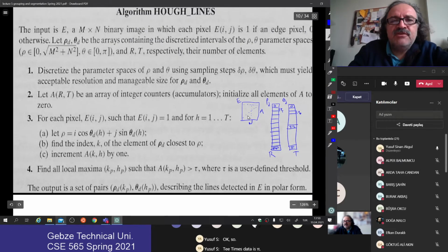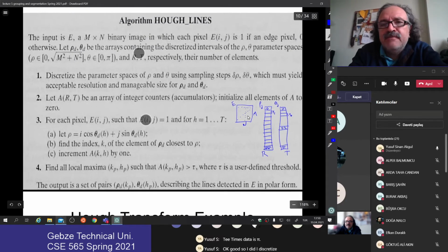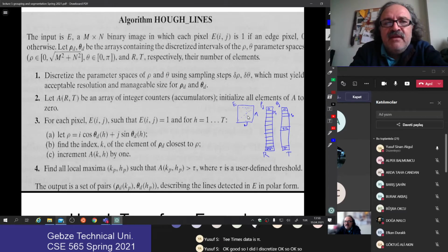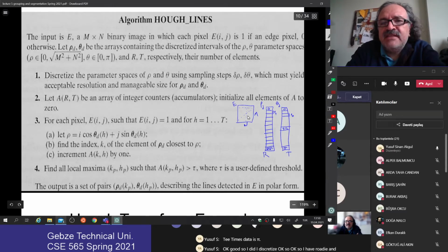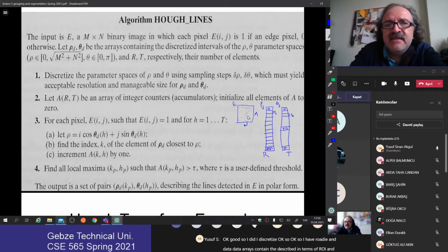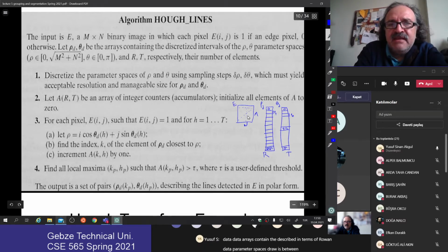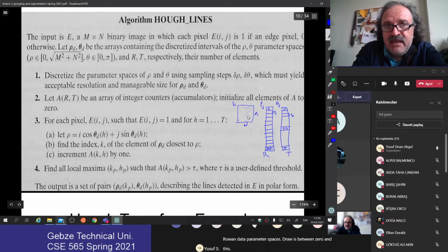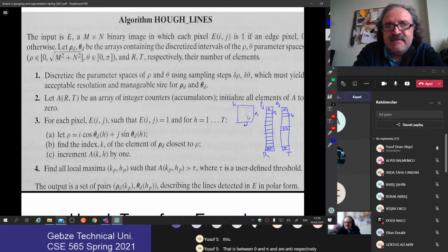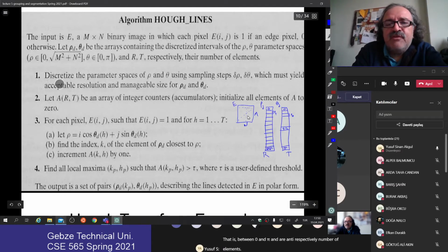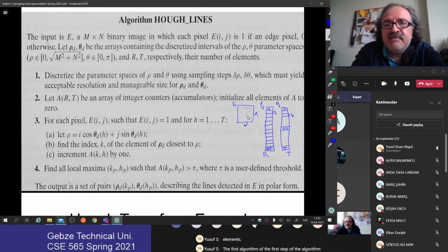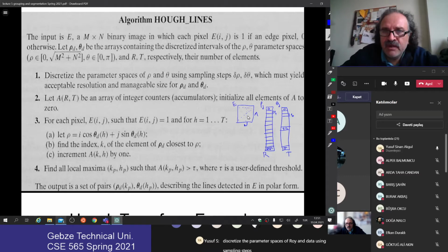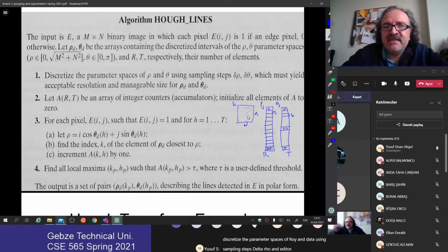Good. So I have rho d and theta d, the arrays containing the discretized rho and theta parameter spaces. Rho is between 0 and s, theta is between 0 and pi, and r and t are respectively the number of elements. The first step of the algorithm: discretize the parameter spaces of rho and theta using sampling steps delta rho and delta theta, which must yield acceptable resolution and manageable size for rho d and theta d.